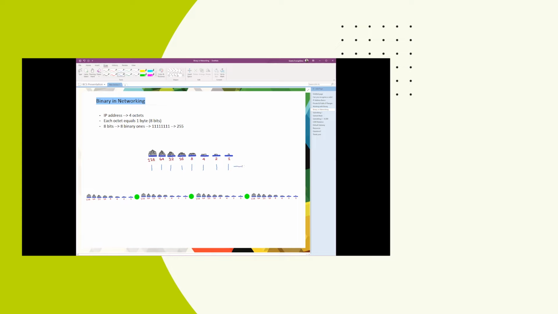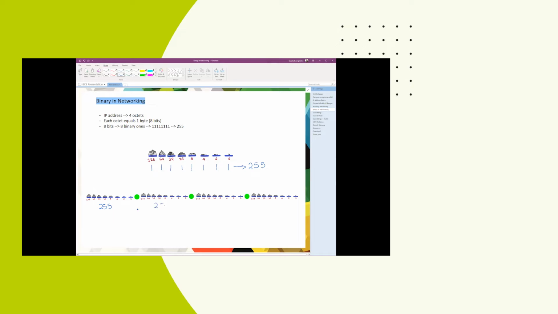This number in decimal, 8 binary ones, makes the decimal 255. And this is the maximum, the highest number you can get in a network octet, in an IP address octet.